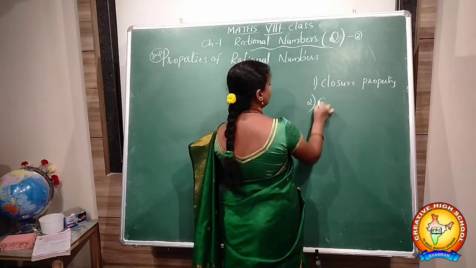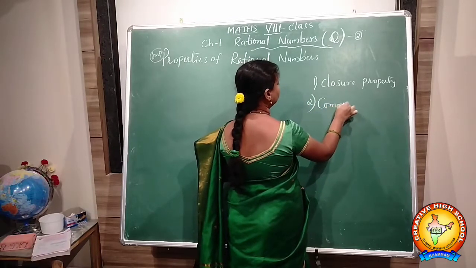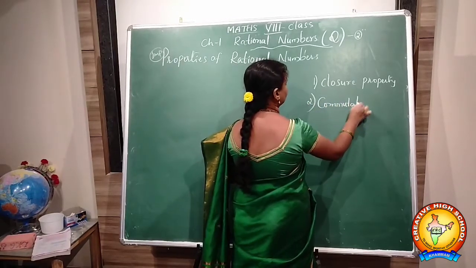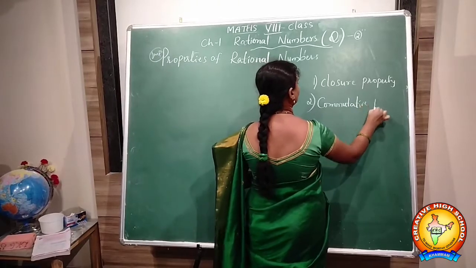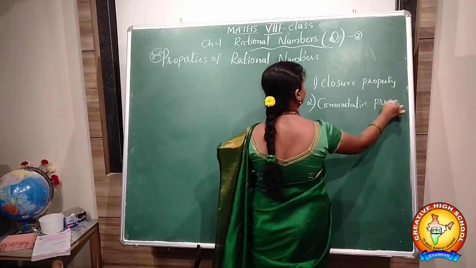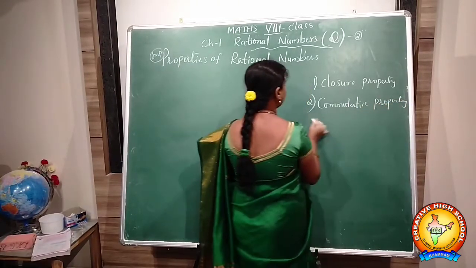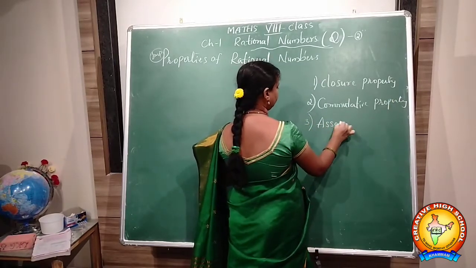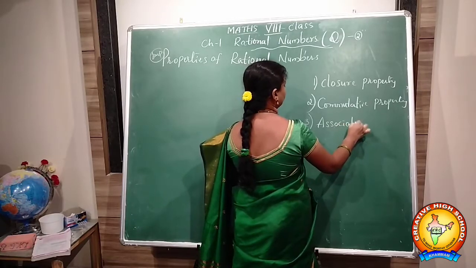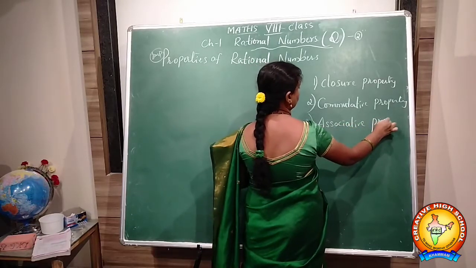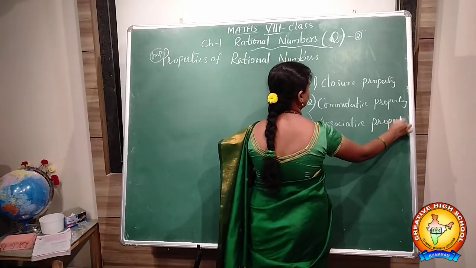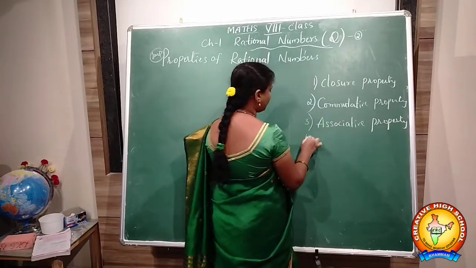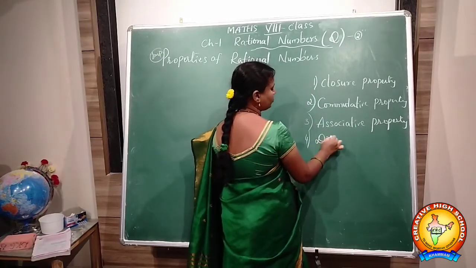Second one is commutative property. Third one is associative property. Fourth one is distributive property.